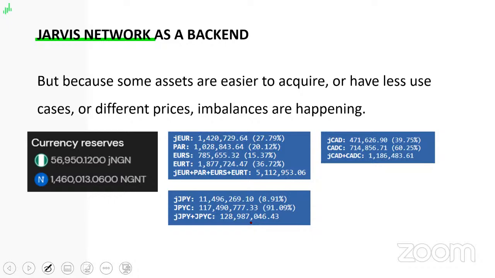The problem is that sometimes one asset is more risky than another one, which means that market participants would like to sell this asset and to buy a less risky asset. Maybe you have seen what happened a few weeks ago with MIM by Abracadabra. Market participants were suddenly afraid about MIM, so they sold tons of MIM to buy USDC.